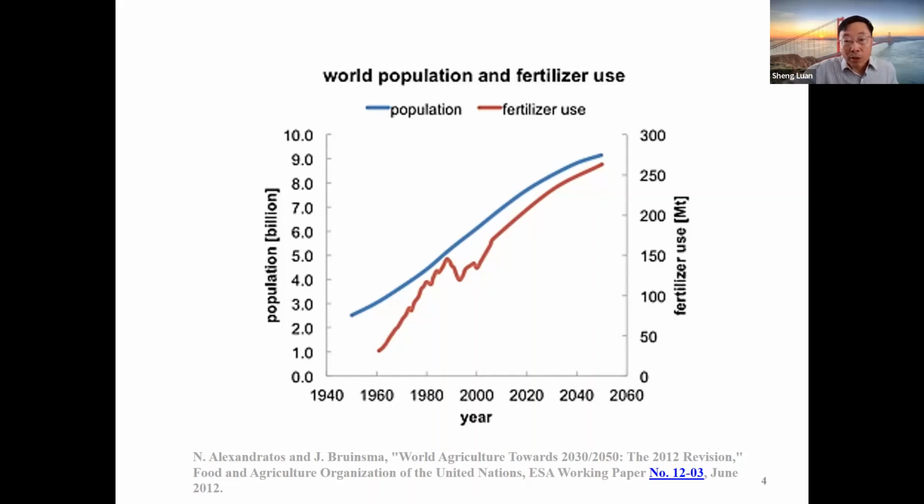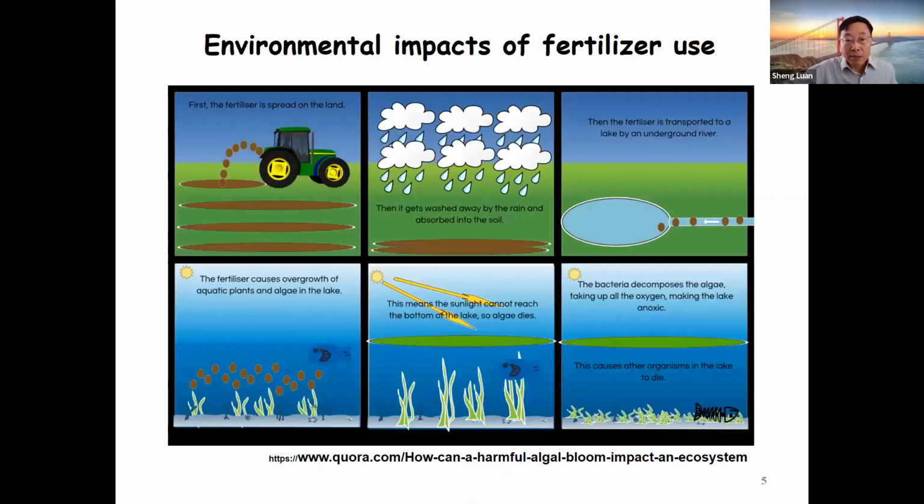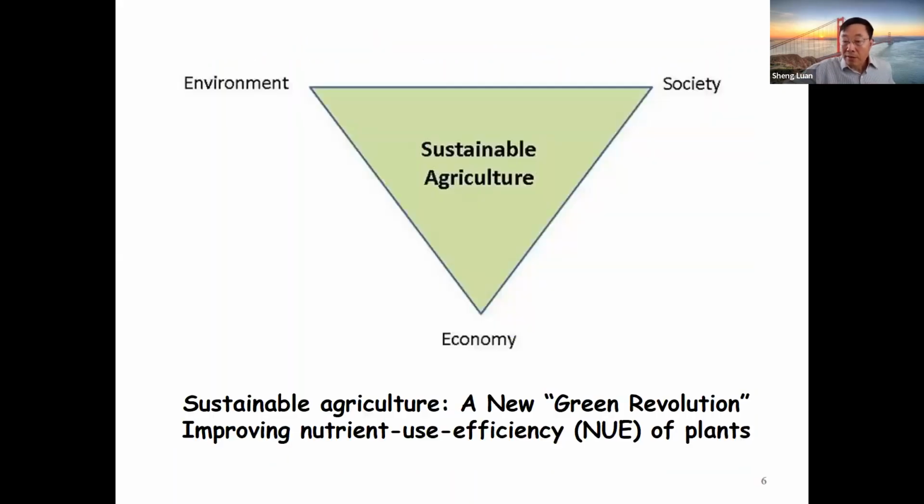Another important factor for this sustainability concern is really environmental impact, right? We know that a lot of fertilizer runs off into our freshwater resources, causing eutrophication of our lakes and rivers and really damaging our ecosystem. So this heavy fertilizer use is really not sustainable.